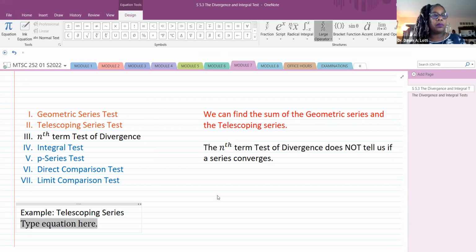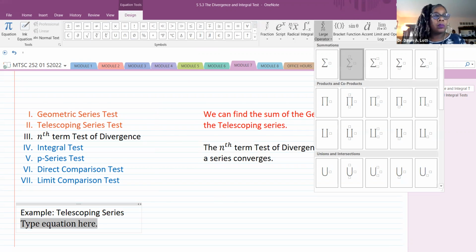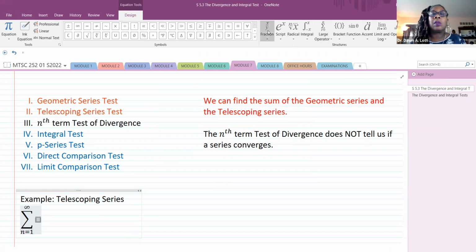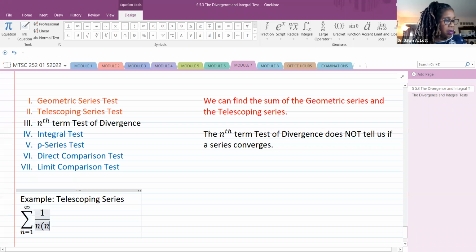Take the sum, n equals 1 to infinity, of 1 over n times n plus 1.